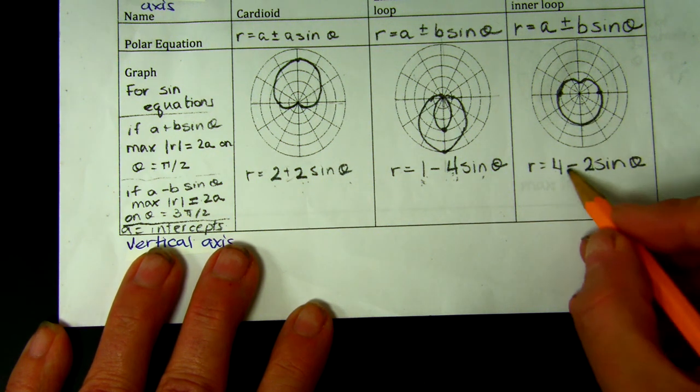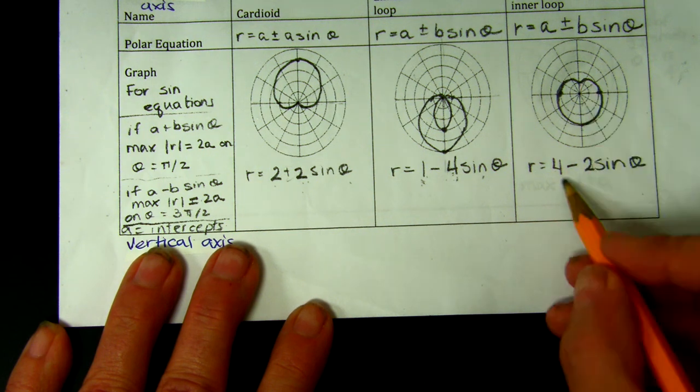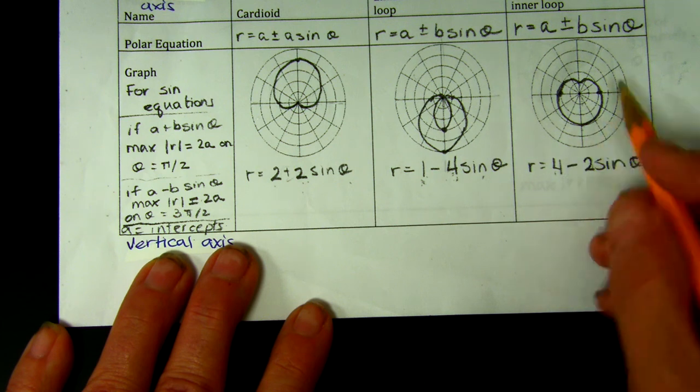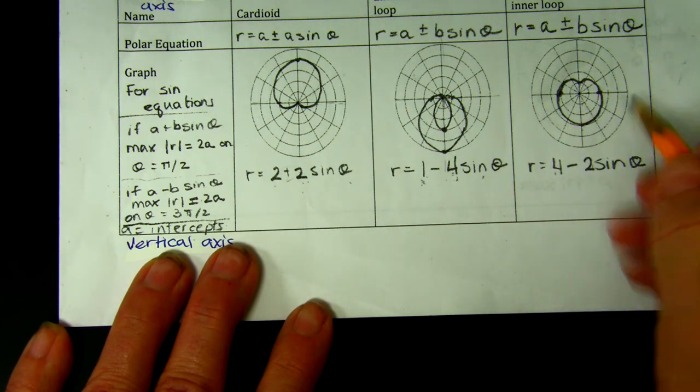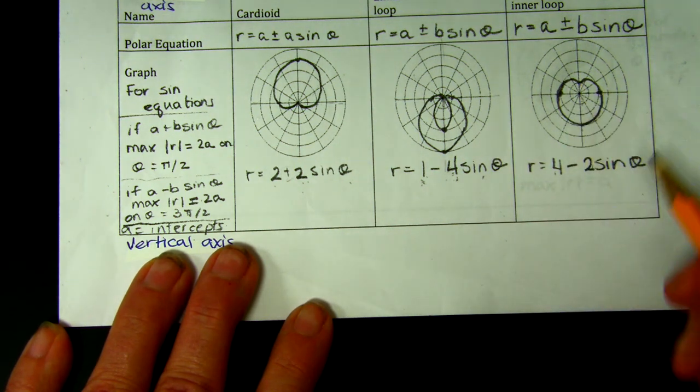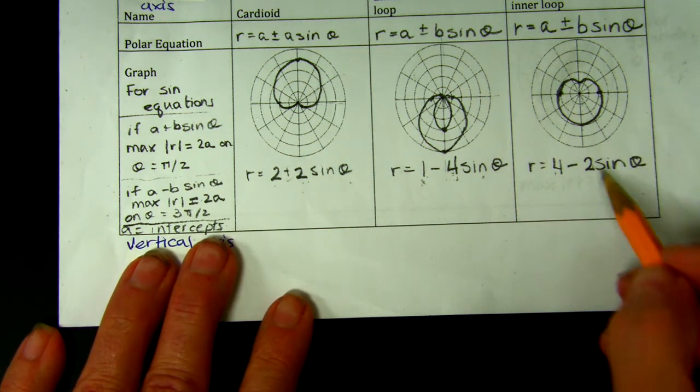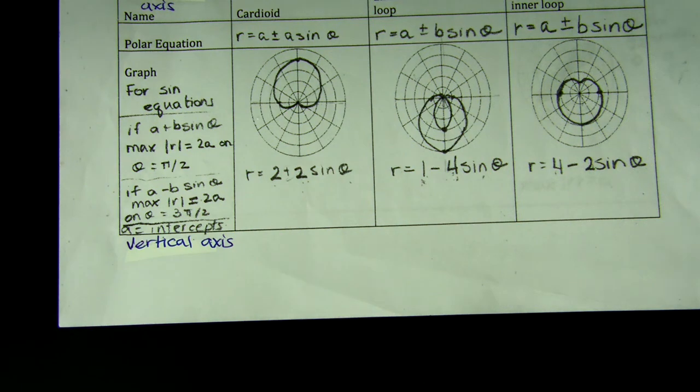And then the distance from the pole to the dimple is going to be 4 minus 2, which is 2. And then again, here we are intersecting at the horizontal axis at a.